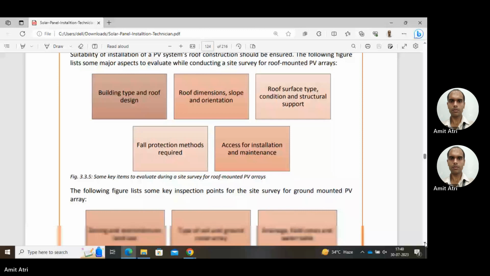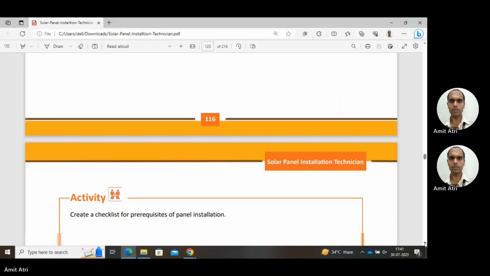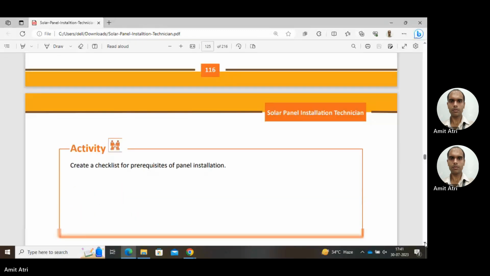Next is requirement for array foundation. Then requirement for security and fencing. And last is access for equipment, vehicles and maintenance. So all these factors we have to consider during the site survey.